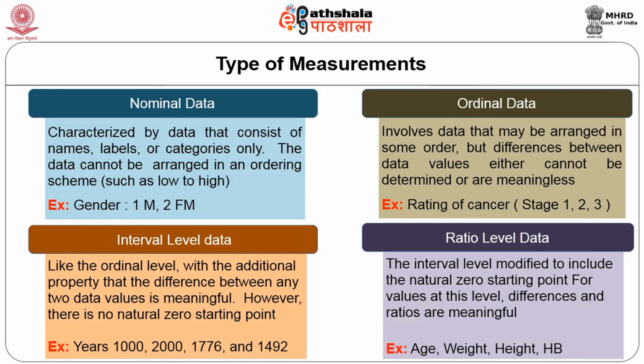Basically, 95% of the data we use in general is ratio level data: your age, weight, height, hemoglobin, creatinine, income, expenditure. So these are the different types of variables, and most of them are ratio level data.